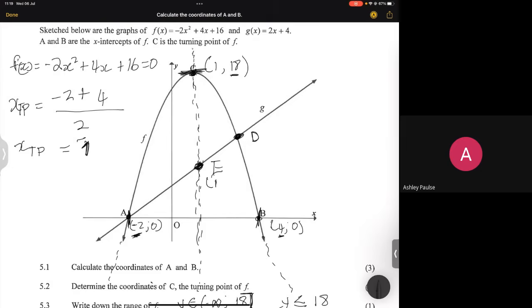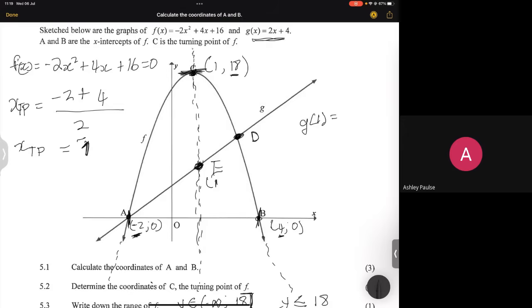Okay. So, what would be the x value at E? It would be 1, right? Yes, sir. But what we don't know would be the y value at E. But we can easily get that because this is where we know the equation of the straight line. So it means we'd need to find g at 1.